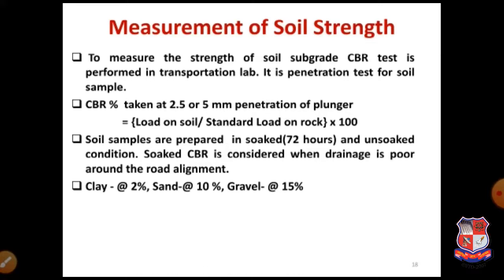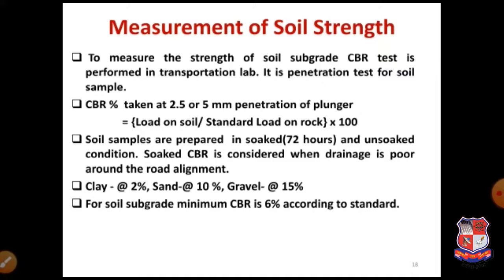Generally, clay material has a CBR value around 2%, sand around 10%, and gravel around 15%. For soil subgrade, the minimum CBR is 6% according to standard.